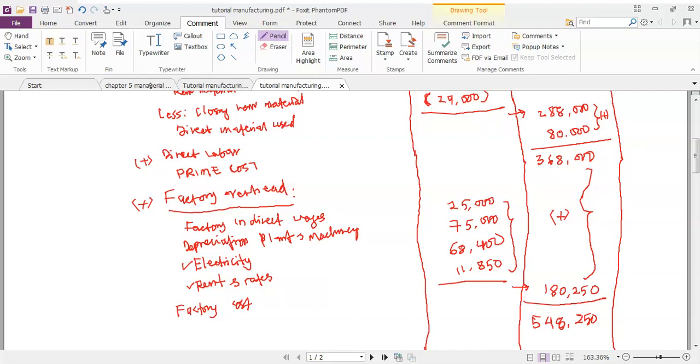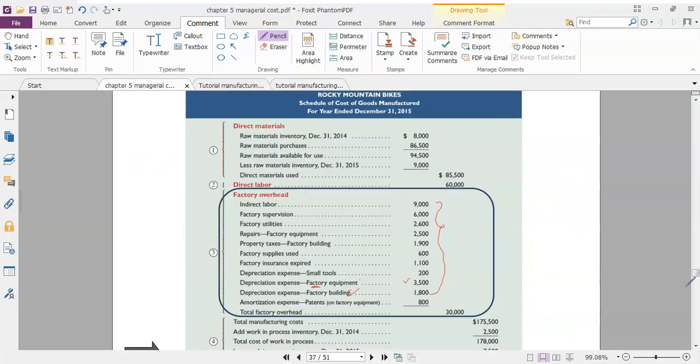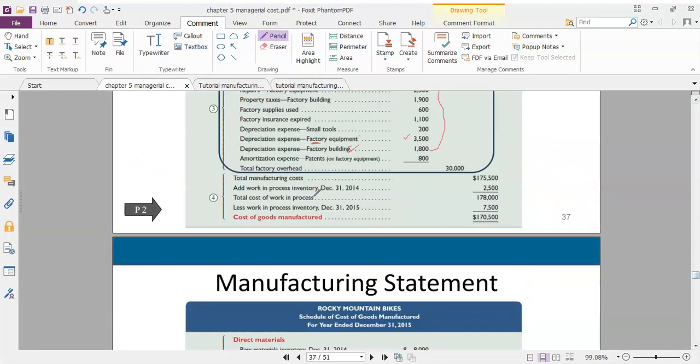Okay, so if you look at the format here, after we got the factory cost, total manufacturing cost. Kita kena add on with the work in process, work in process for opening. Lepas tu tolak pula dengan closing work in process, baru kita dapat factory cost of completed product.